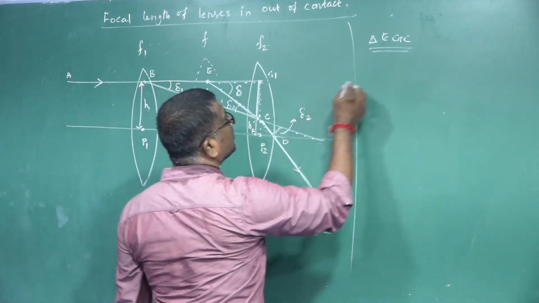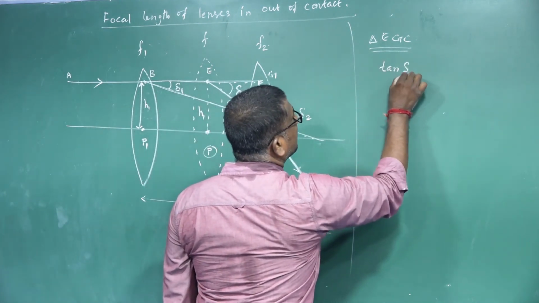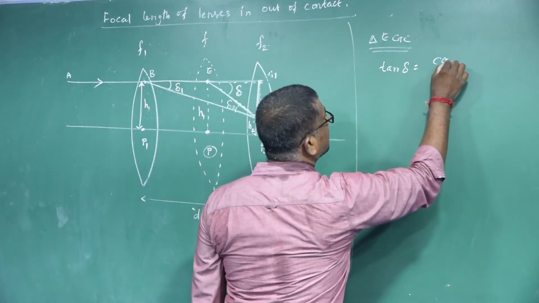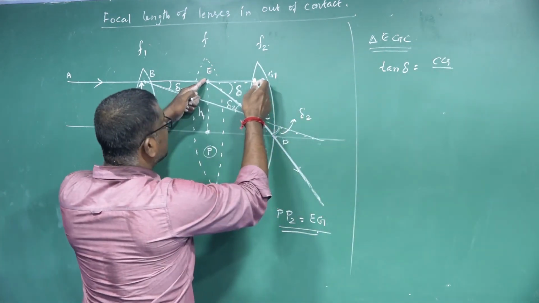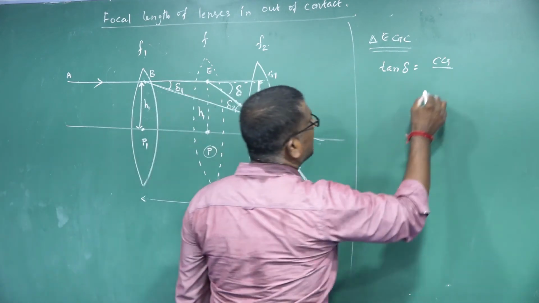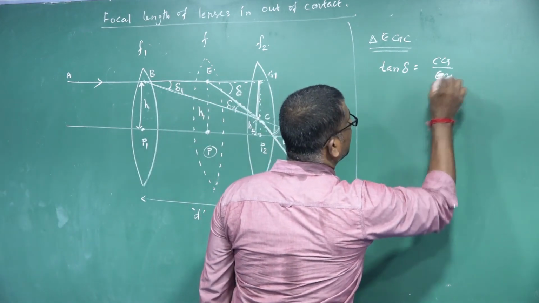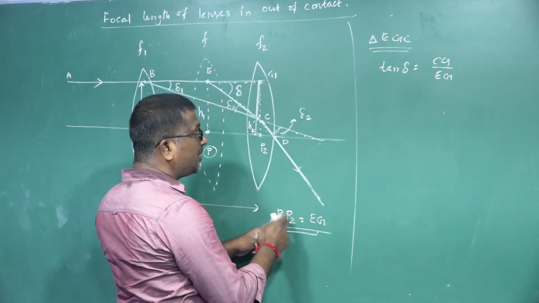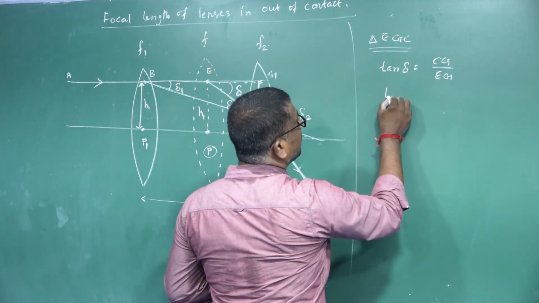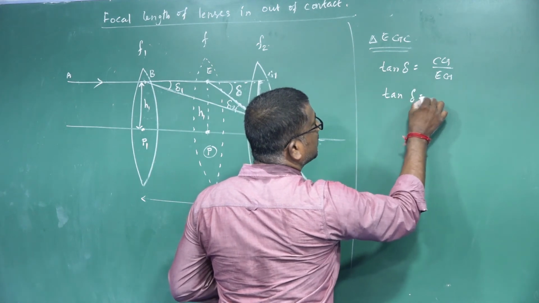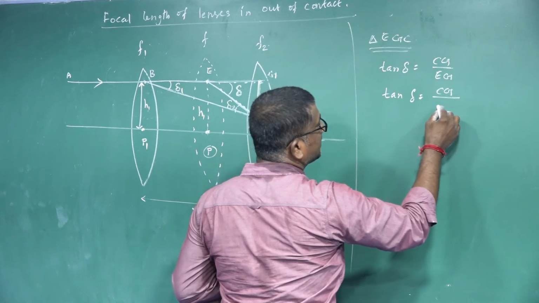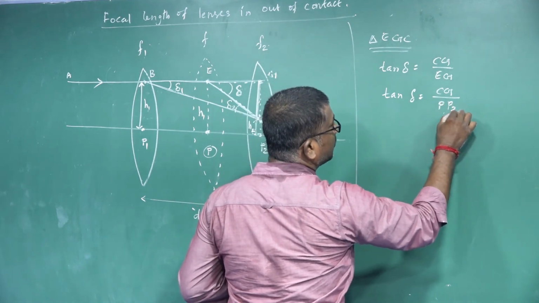So therefore tan del is equal to opposite side CG divided by adjacent side EG. Here EG is nothing but P2. Therefore tan del is equal to CG divided by EG, which is P2.